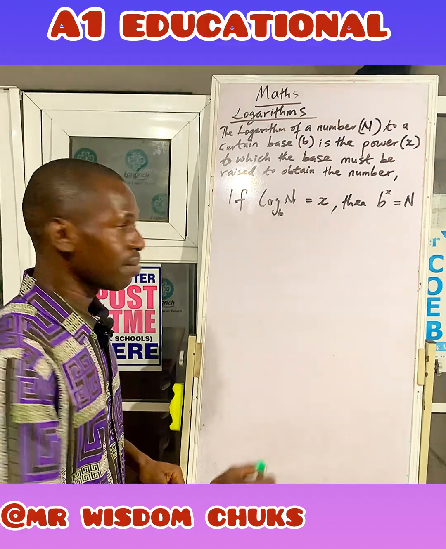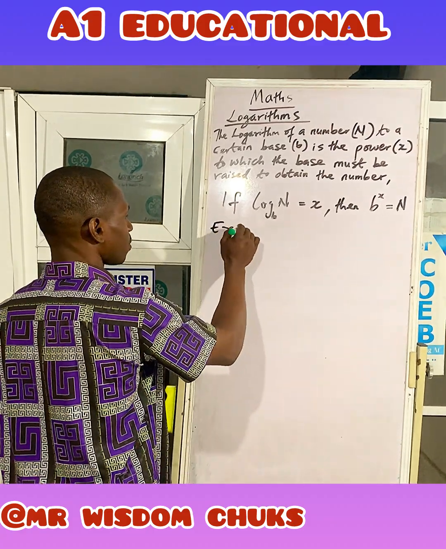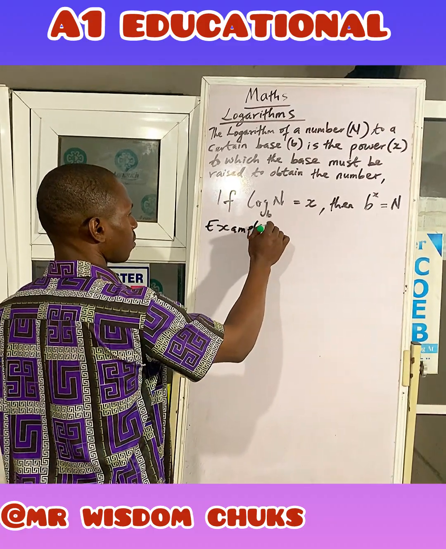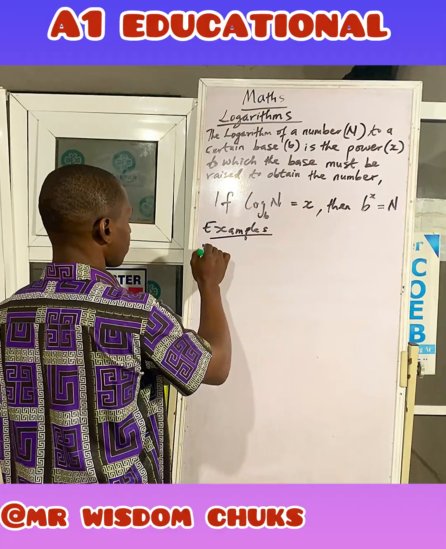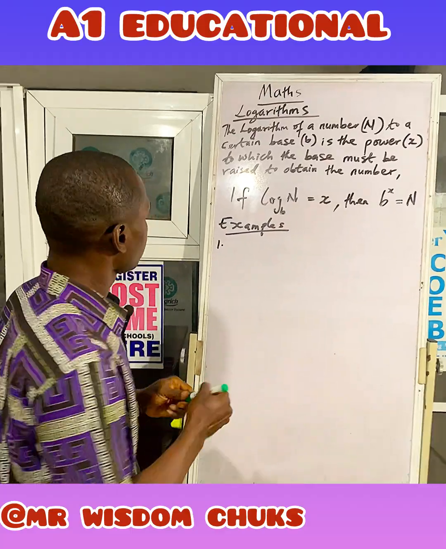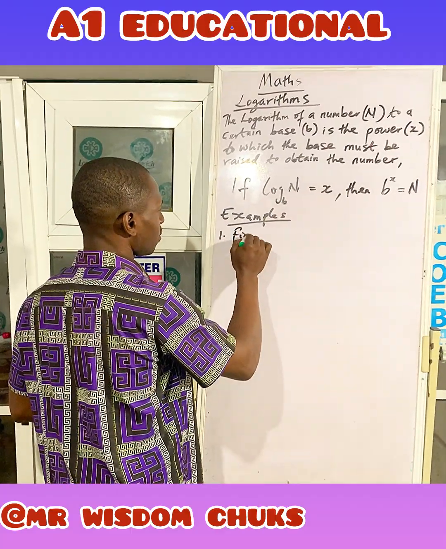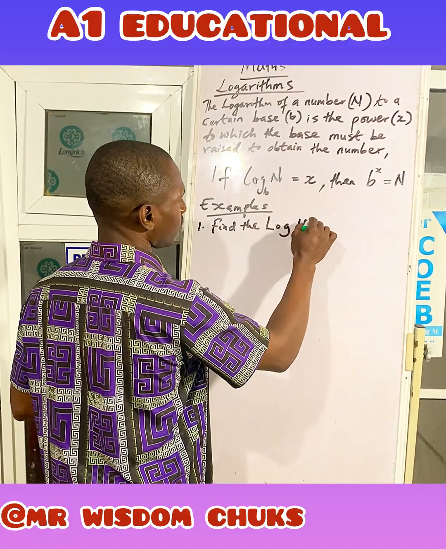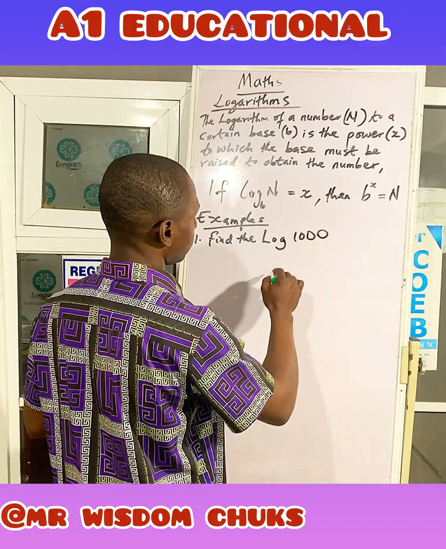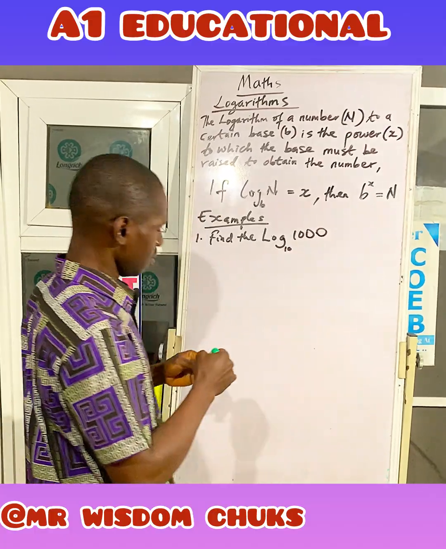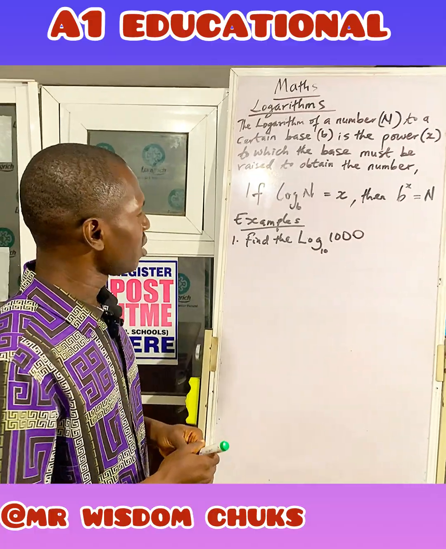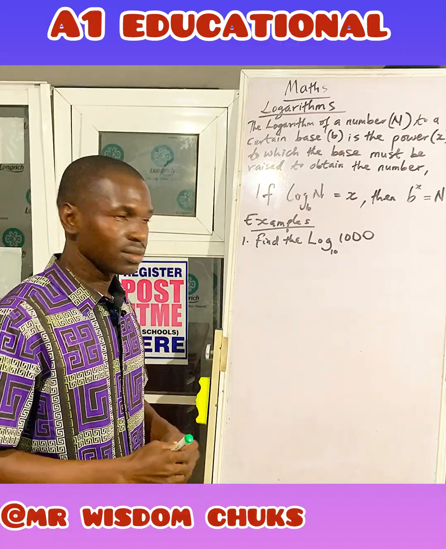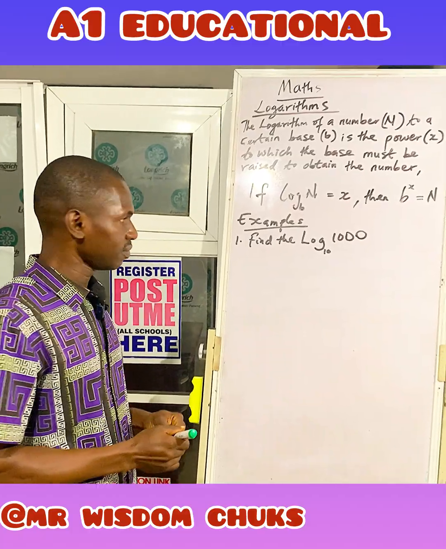So let's take some examples. Find the logarithm of 1000 to base 10.